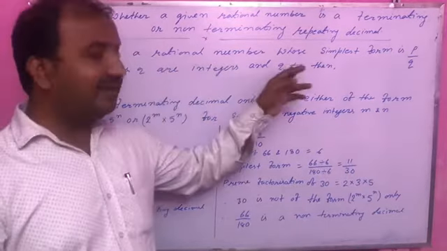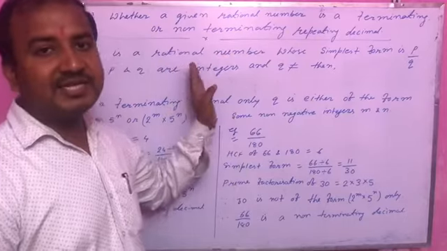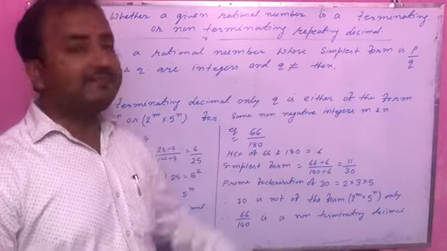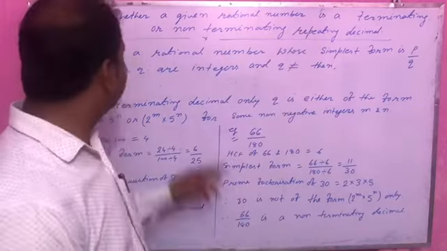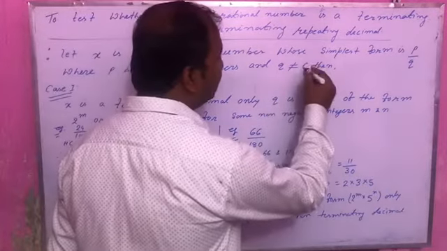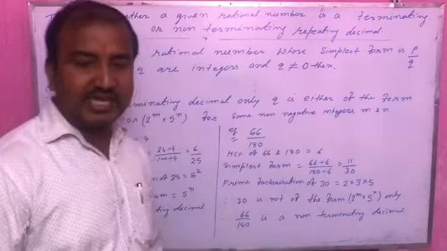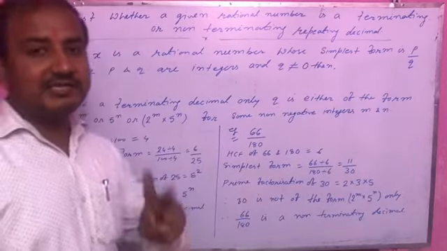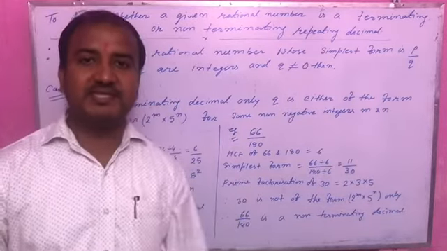X is a rational number, we have assumed this. X is a rational number whose simplest form is p by q, p and q are integers and q is not equal to 0. Okay, at that moment there are two cases.